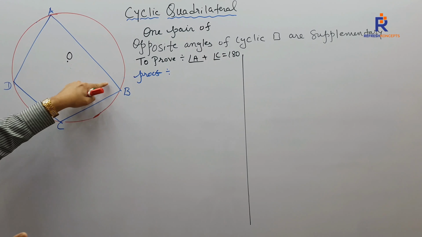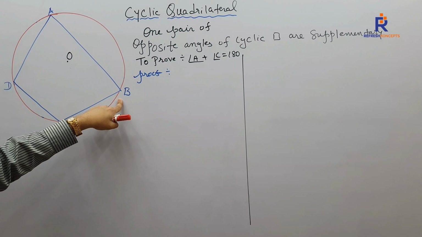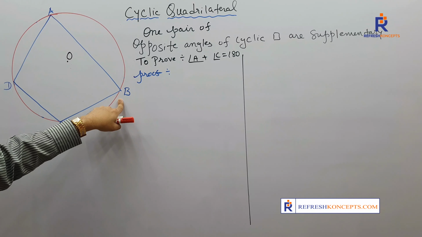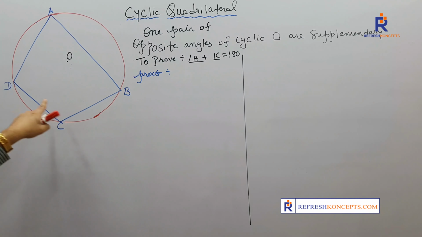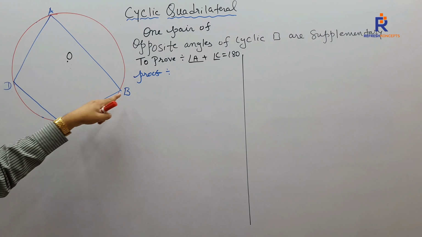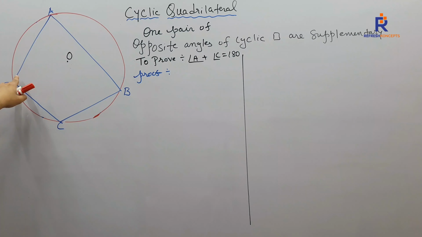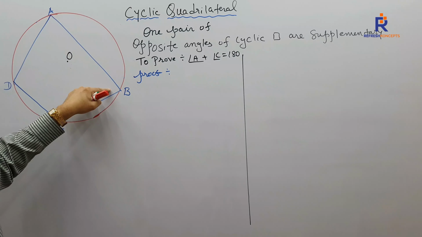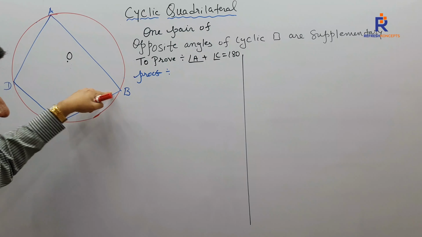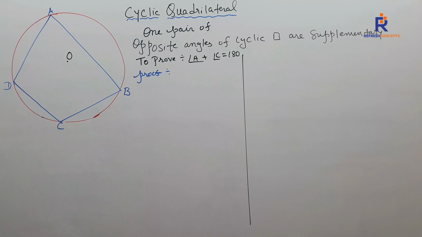And what type of arc is arc DCB? DCB is an intercepted arc. Once again, what type of angle is DAB? It is an inscribed angle. What type of arc is DCB? It is an intercepted arc.